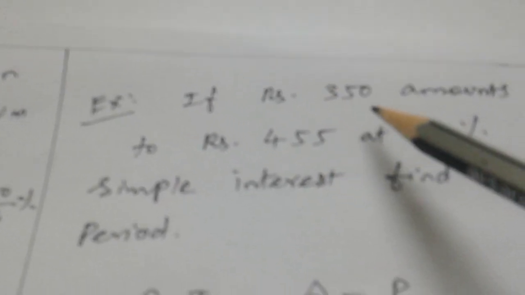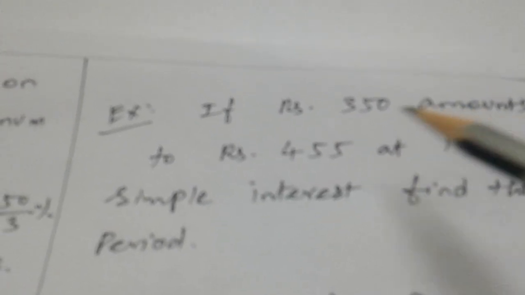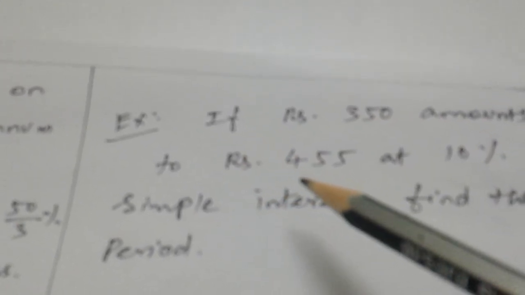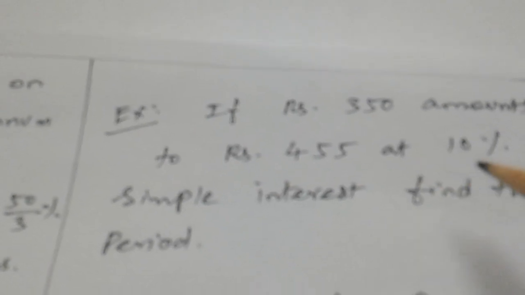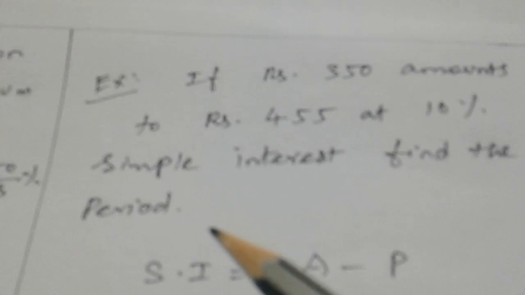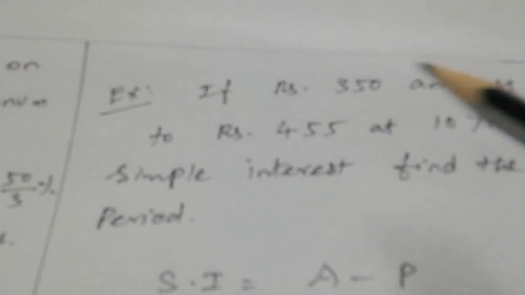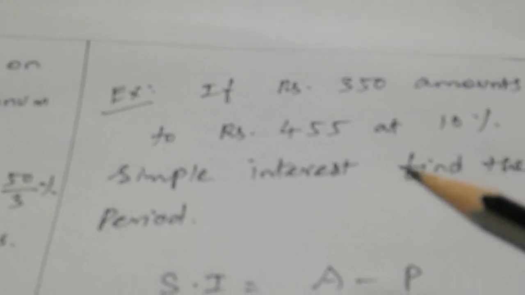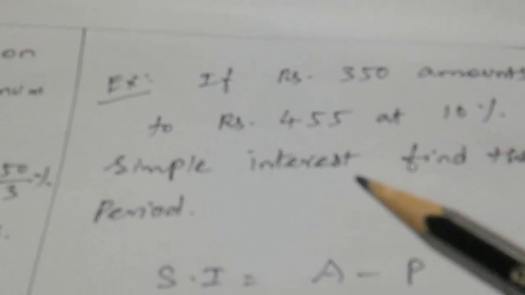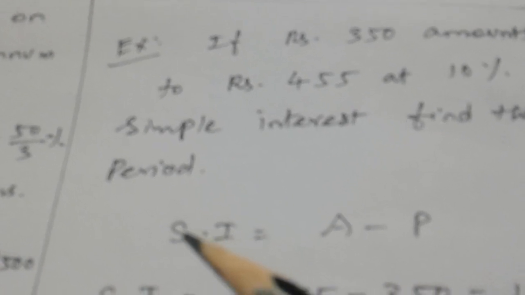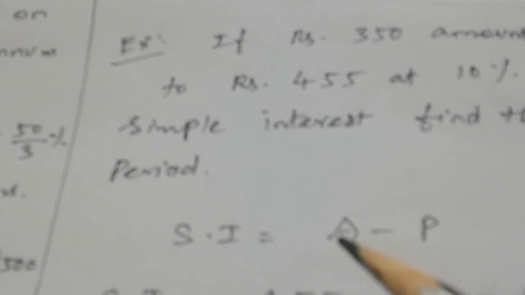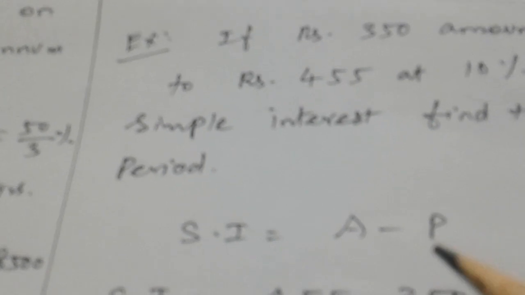Another interesting example is: if rupees 350 amounts to rupees 455 at 10% simple interest, find the period. So in this example, we find the period n. The solution: we know that simple interest is equal to amount minus principal.